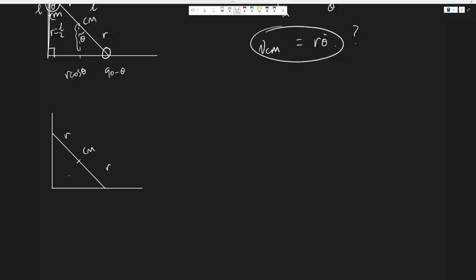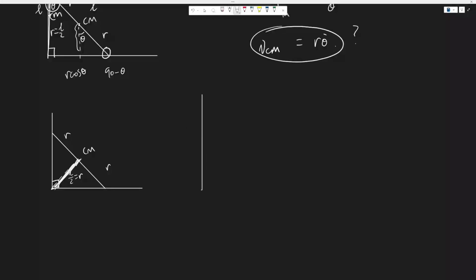And so let's try to recall some properties about the right triangle. So we know that the median of the hypotenuse is equal to the distance to the midpoint. So in other words, this distance here, from this point to the midpoint, equals half of L, which is R. So now we know that this center of mass point is in a circular motion.